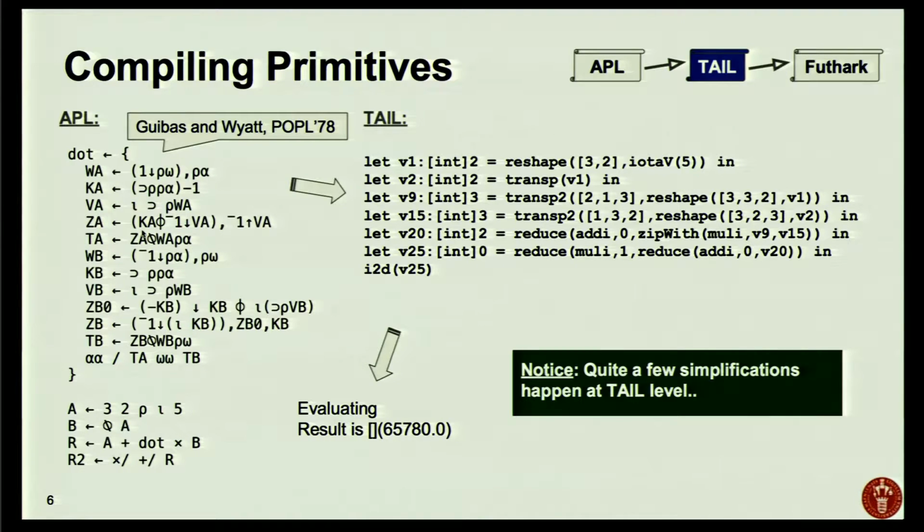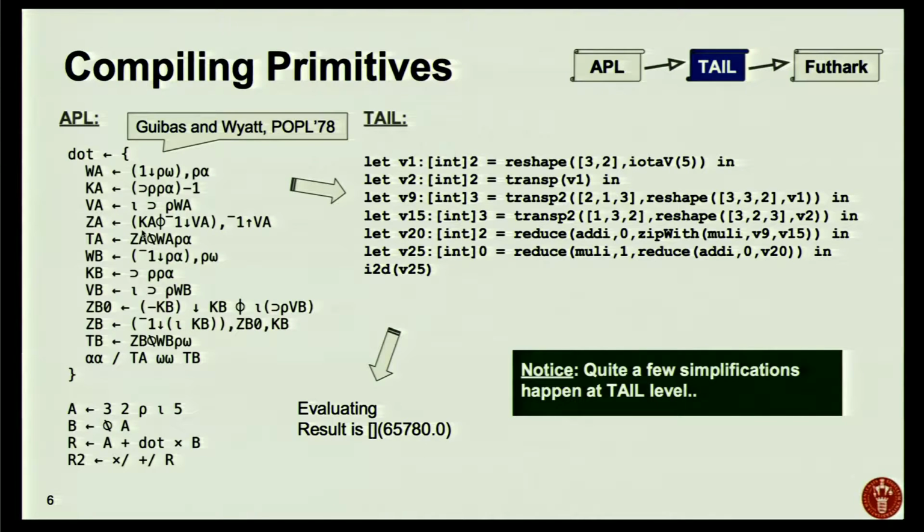You can see the use of that with the inner product here, with plus and multiplication, and then two arrays A and B. What will happen is that this code will translate into some TAIL program, and then a lot of simplifications will happen, and you will end up with this TAIL program over here.